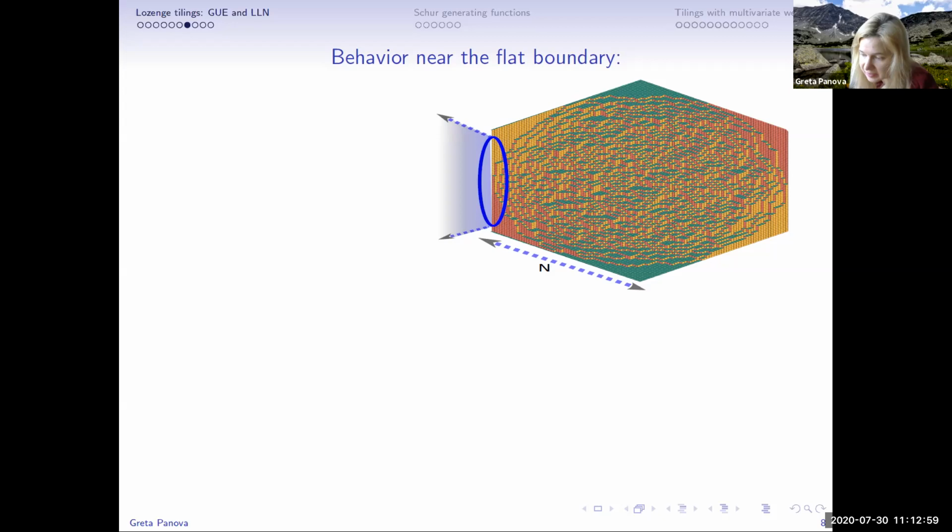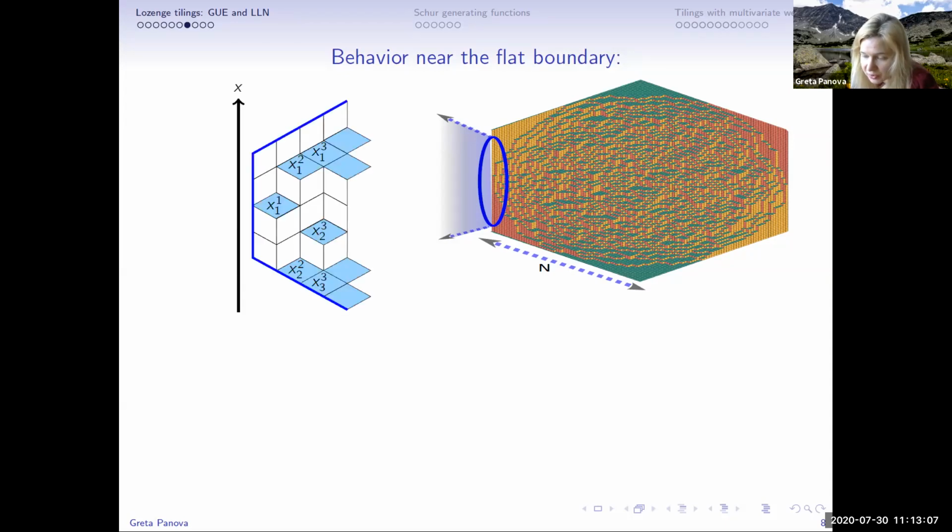Again, we don't have to deal with the hexagon, it's just that it's one of the best examples. If we zoom at the border, we see that lozenge tilings look like this. So we have one horizontal lozenge right next to the flat border, and then we have two more horizontal lozenges on the next border. This is how the geometry forces it. And one of them is below and the other one is above the previous one.